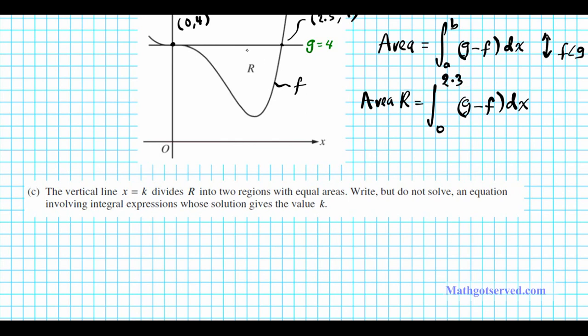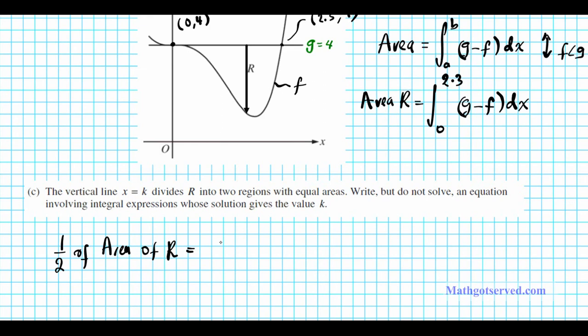Remember, this region is being split into two equal areas. So if we say we are splitting it down somewhere here into two equal halves, what will the area of half of the region look like? So let's write that down. Area of half of the area of R.